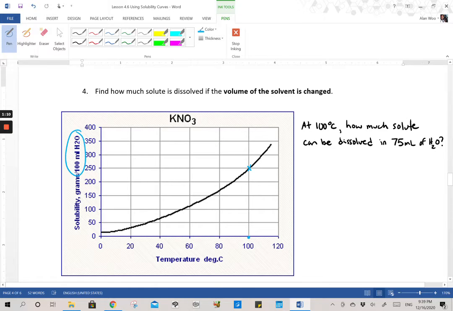So what I recommend that you do is to always look at your temperature and figure out how much is normally dissolved at that temperature.